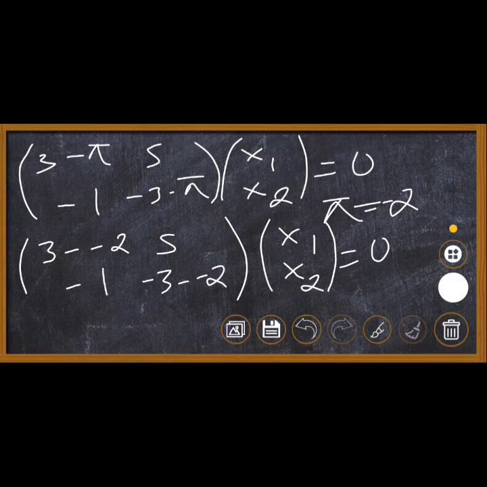So in this case then, we can simplify this further. So here we have, what is negative and negative? It's positive. So 3 plus 2 rather, it's 5. And then here we have 5 already, then negative 1 here, and then negative 3, negative and negative is positive, so negative 3 with positive 2, we are going to have negative 1 here. Here we have the eigenvectors x1 and x2, all of this equals to 0.